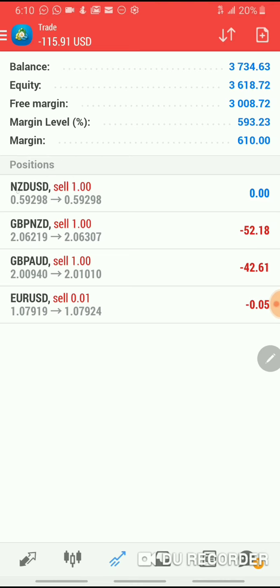One time I entered on a 0 spread. If it goes, I go directly in profit. You understand? So you see the difference between low spread and high spread. If I enter in high spread, I will be in a lot of drawdown in my account automatically when I'm placed in a trade. If I enter on low spread, I will be in less drawdown or minimal drawdown in my account.